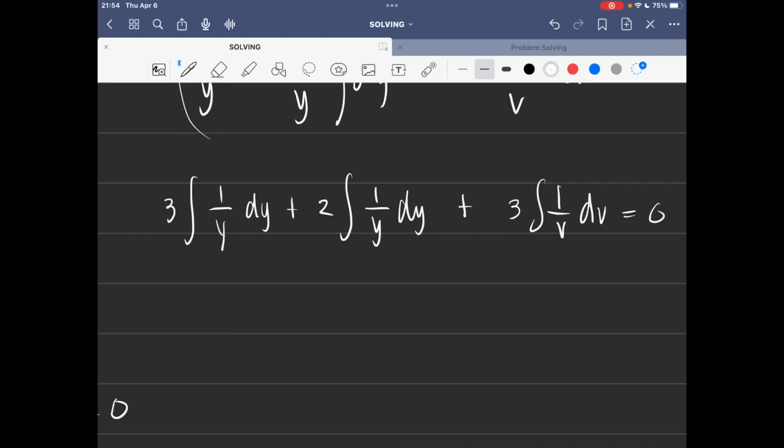Then we are going to get 3 ln of y plus 2 ln of y plus 3 ln of v plus c, or we can just let it equal to c.